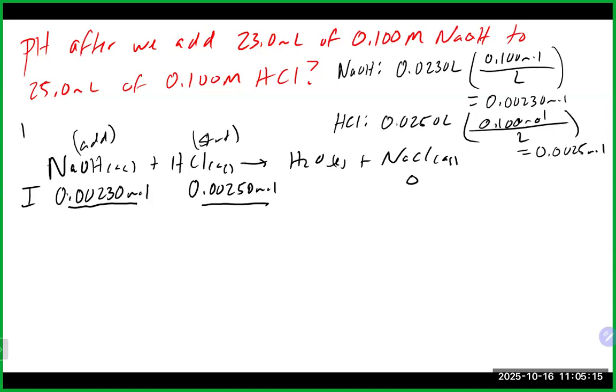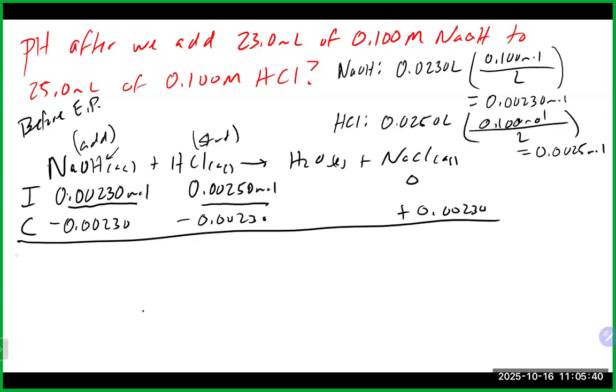So we definitely are before the equivalence point, and sometimes it's a really good idea to know where you are in the titration curve, so you could almost figure out what's going to happen. Here at this point, we know what we're adding is still the limiting reagent, a smaller number. So that should be our change that's going to occur here, and that's going to be a plus on this side.